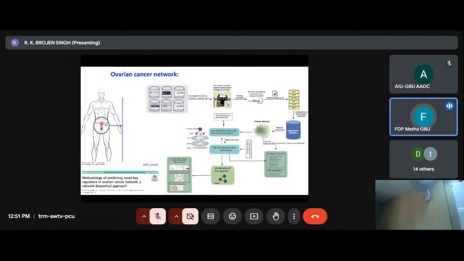There are six databases, where you can see those experimental things. And we accept all those data, including verified data from these databases, and construct a network.